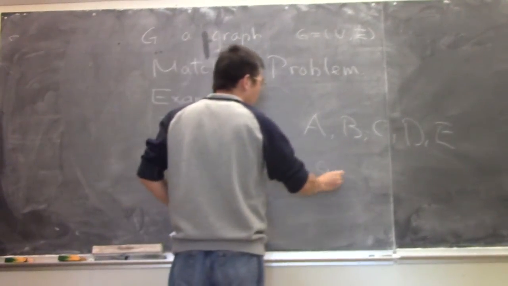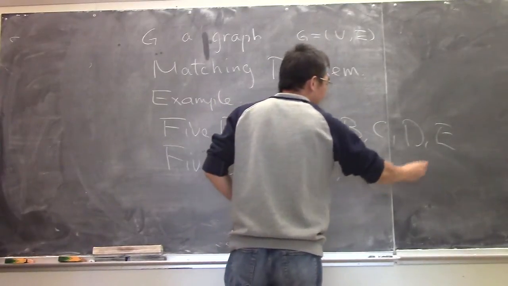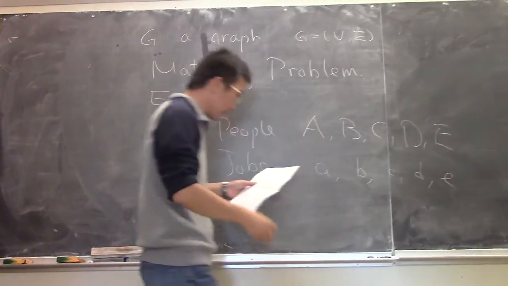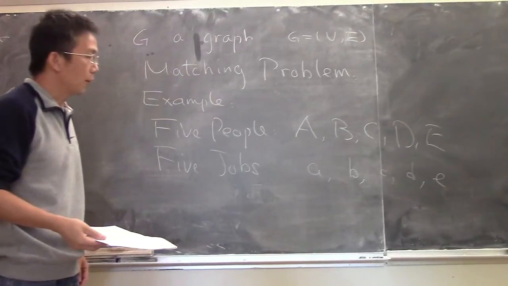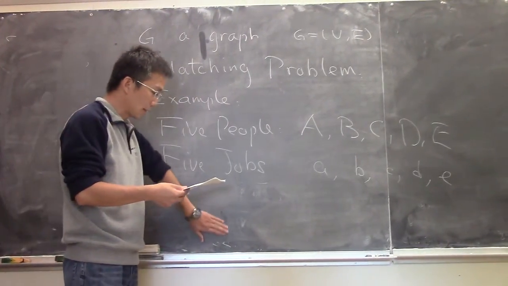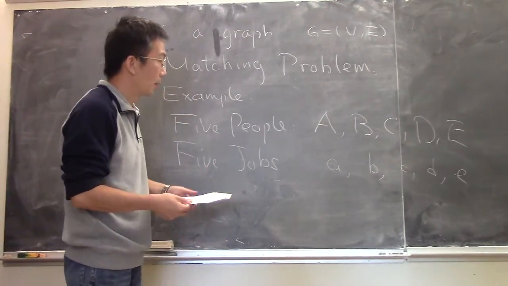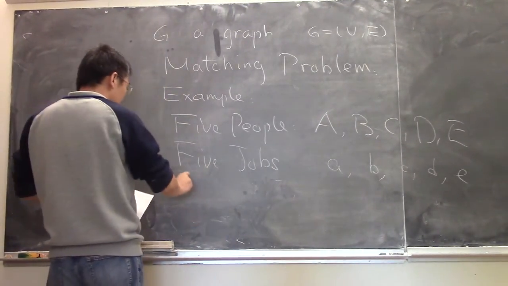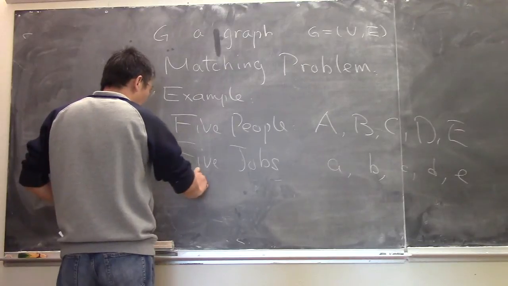These are little a, little b, little c, little d, and little e. Of course, different people might be qualified for different jobs, right? So assume this is going to be the restriction. The restriction is the qualification.